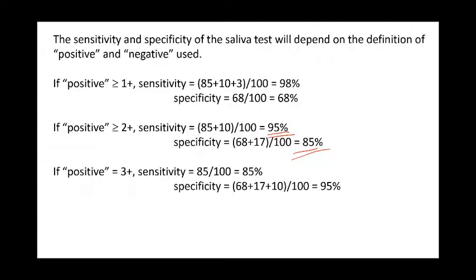Then again, if we take positivity as 3 plus, sensitivity decreases, however specificity increases. So if you want this to be a screening test, you would want this value. If you want a diagnostic test, you would want this value. Or you could settle with these values.